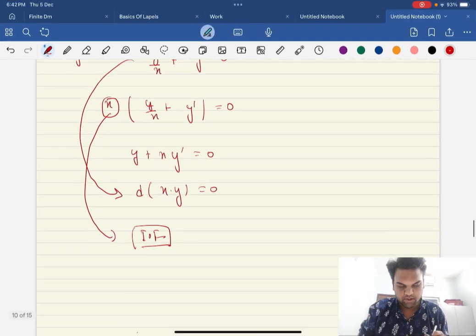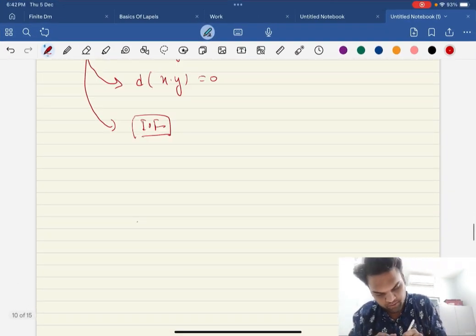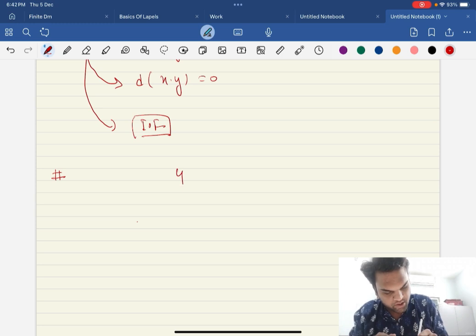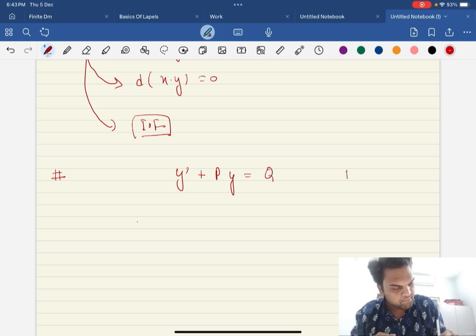Now for the general method: y' + p y = q, where p and q are either constants or functions of x.